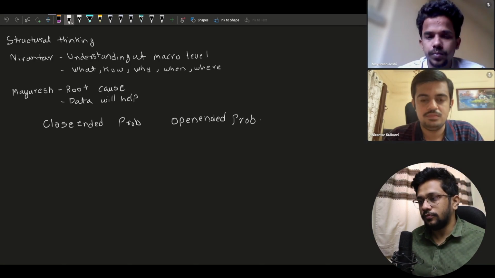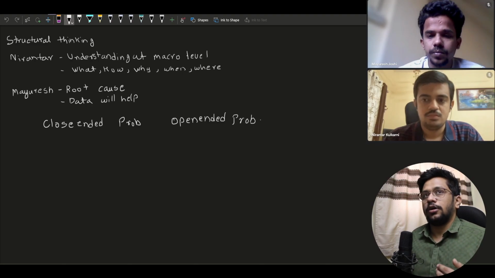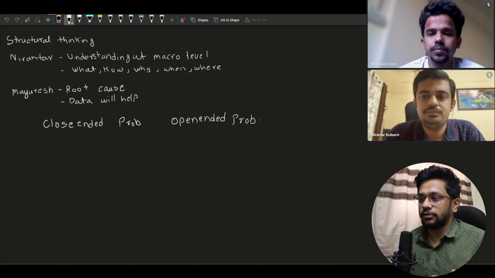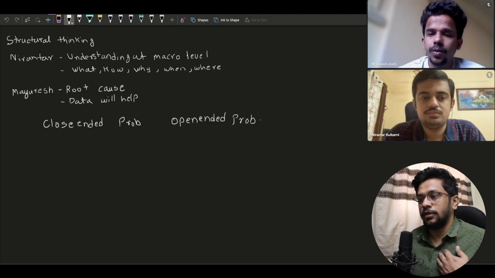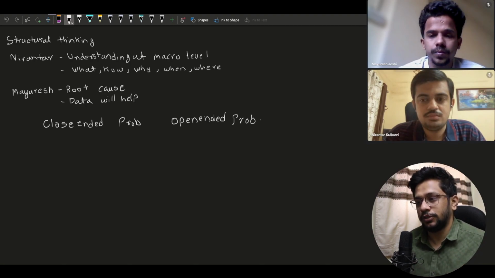Now when we think about open-ended problems, we have to think structurally. As Mayuresh said, if you do not think structurally, you might not find a solution. Structural thinking is also about making a career decision. For example, I, as an engineer, was supposed to work in, let's say, the industrial automation sector because I am an instrumentation engineer.